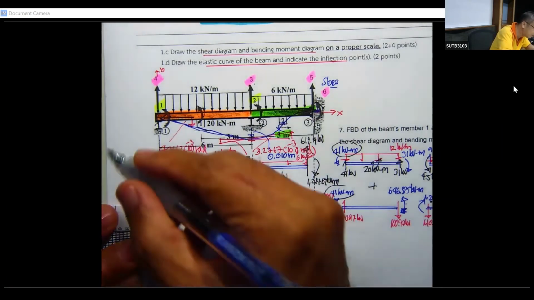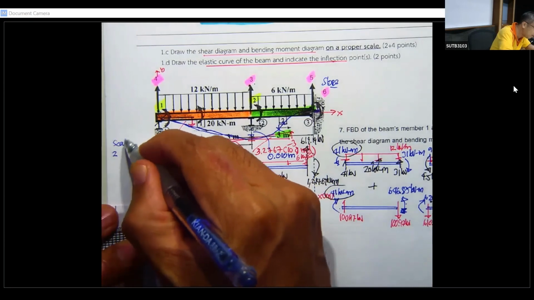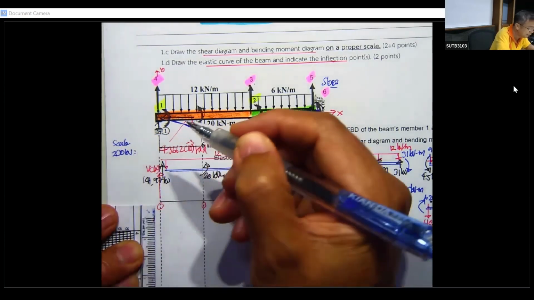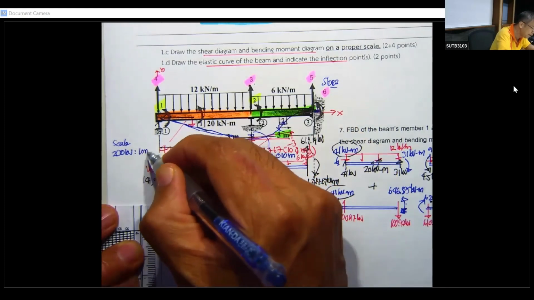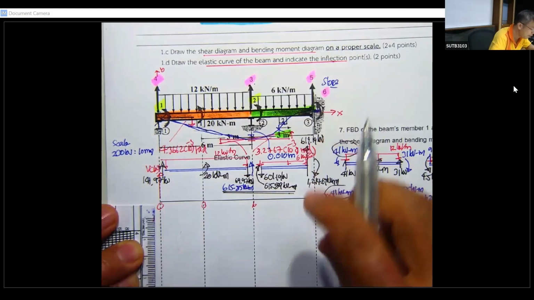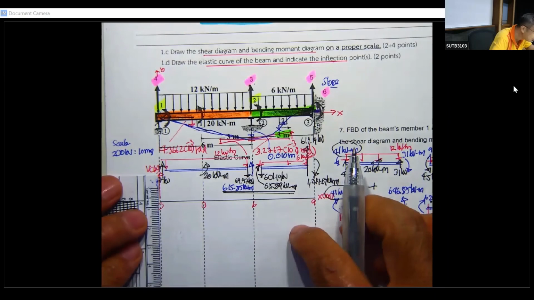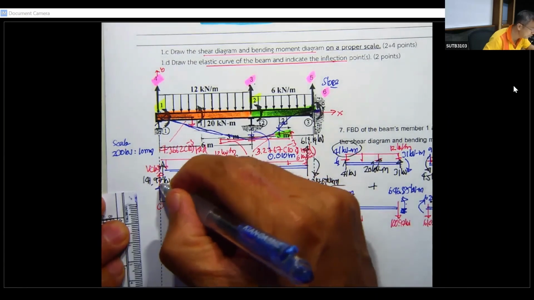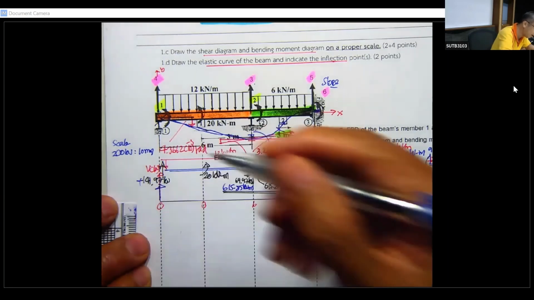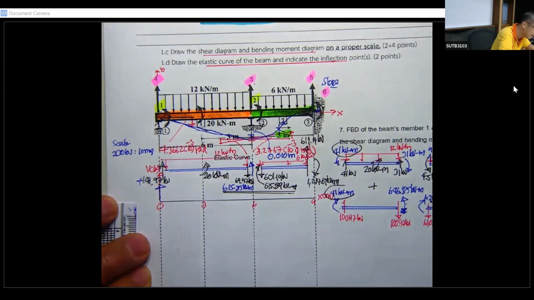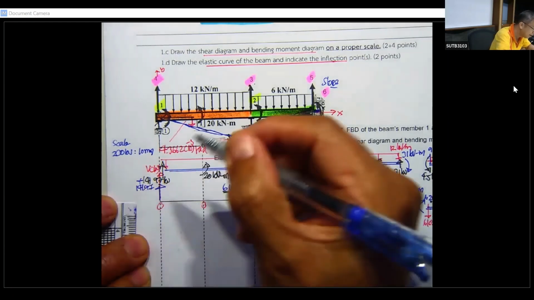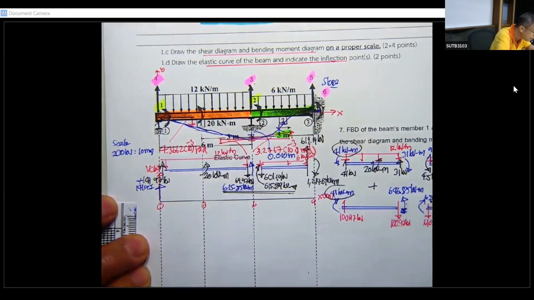Let me put a scale of 200 kilonewton per 10 millimeter. So I will get this one about 7 millimeter. Okay, and then I can write again 97 kilonewton, and that is going to be 7 millimeter, right?